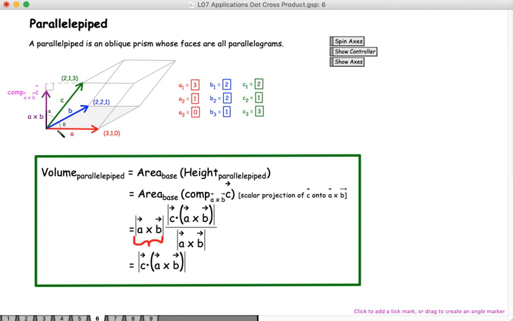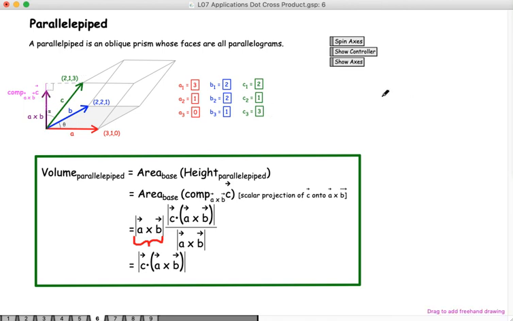If it's perpendicular to the base, it is also the cross product. Then I need to project vector C onto A cross B so that they meet at 90 degrees, because then this pink bit here represents the height. And of course the pink bit is a scalar projection. It is the component of vector C heading in the direction of A cross B.